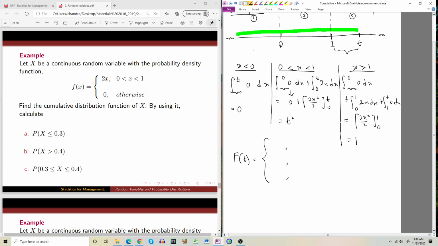First interval is this right here. Second interval is this. And third interval is here.